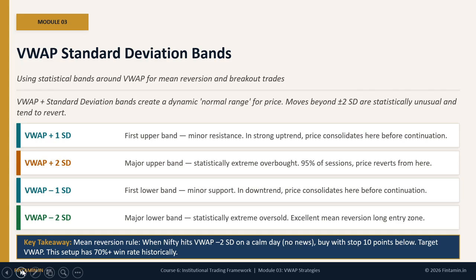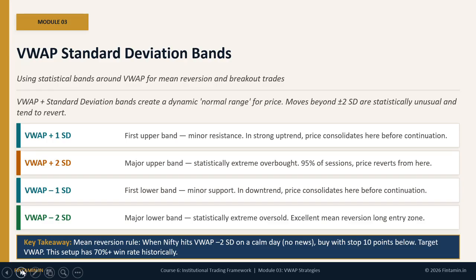Stop above the 2 SD level. Target is VWAP. When price reaches minus 2 SD with no news and market calm, statistically oversold. Long mean reversion trade. Stop below the 2 SD level and the target is VWAP.